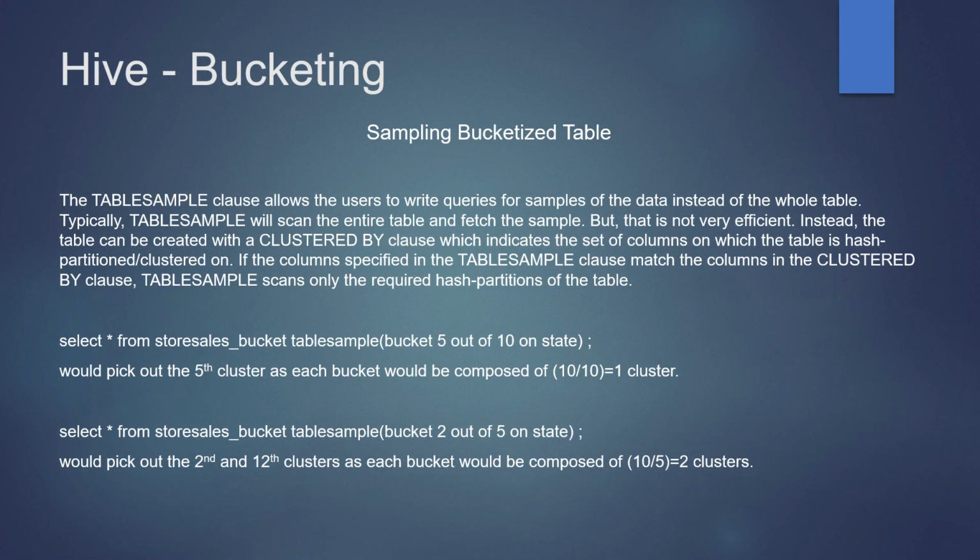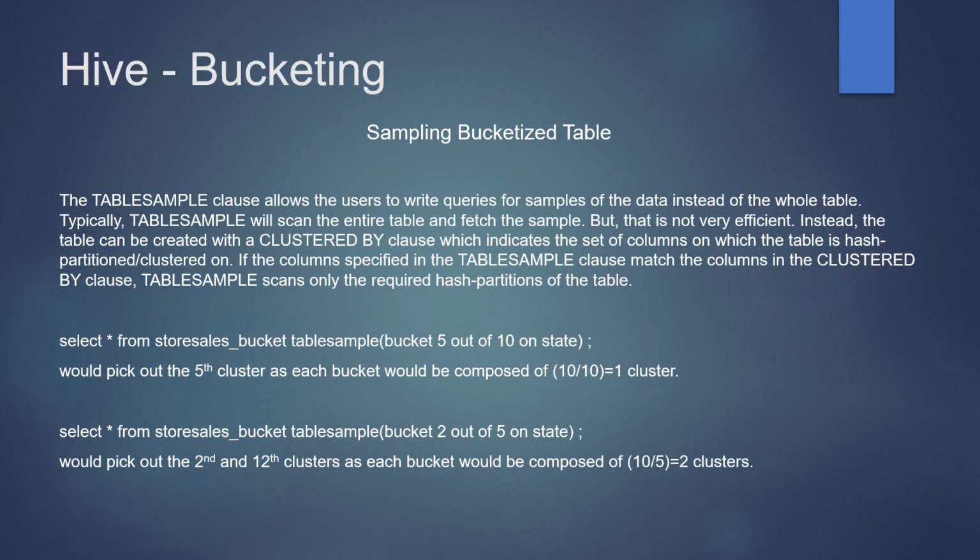We could do sampling on the bucketized table. The table sample clause will allow user to write queries for samples of data instead of whole table, but it will scan the entire table and fetch the sample. It will be inefficient.